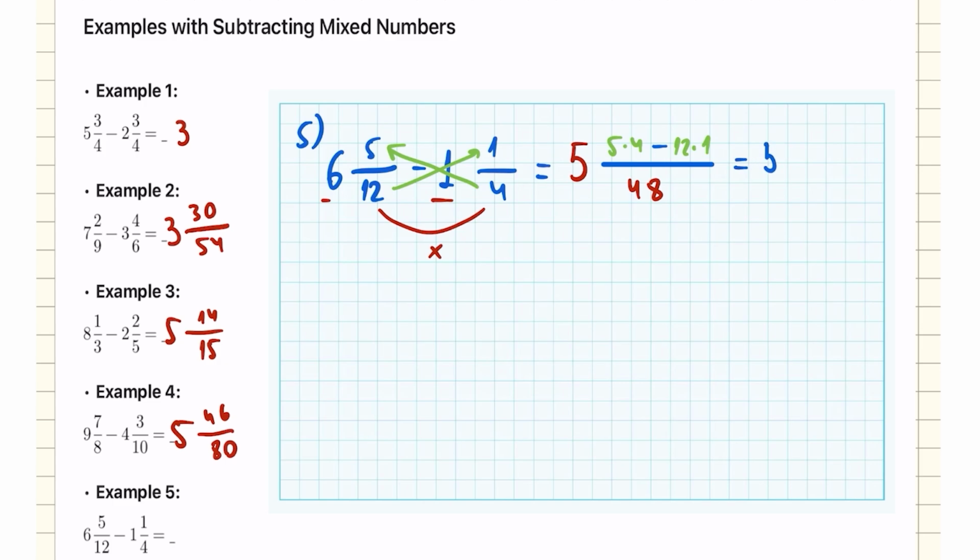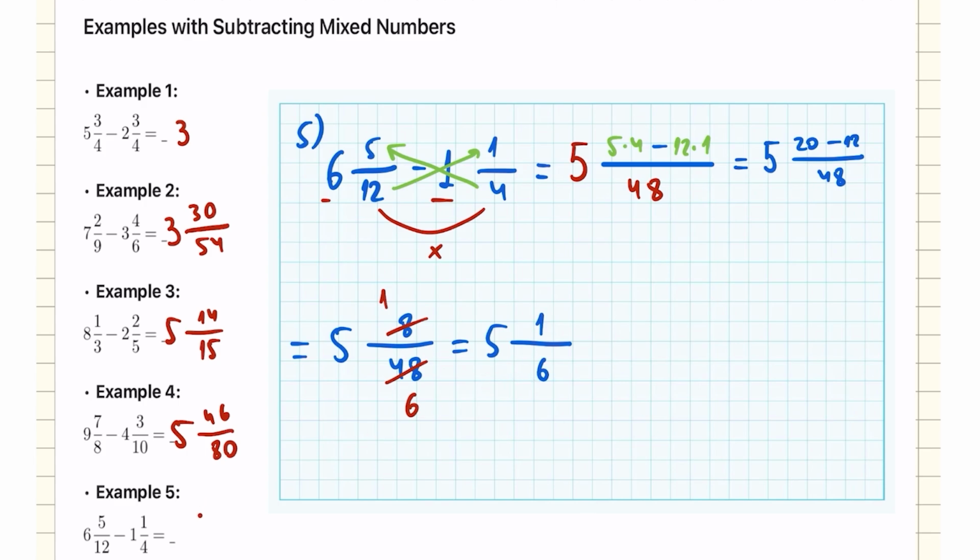Then we simplify: 20 minus 12, over 48. It will be 8 over 48. Then we can simplify this, divide both by 8. We get 1 over 6, and that's the final answer, 5 and 1 over 6.